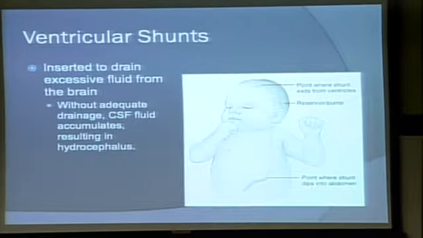Sometimes you get an infection. The child ends up becoming irritable, vomiting, maybe semi-comatose. Usually, if they have a pump, the mom or the caregiver has tried to pump it. It's not working. Patient needs to be transported, and ultimately we'll probably have to have a new shunt put in.